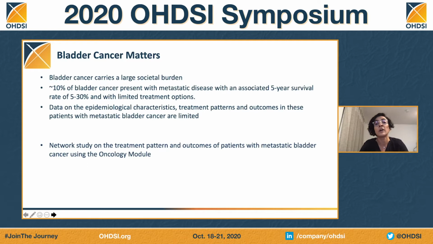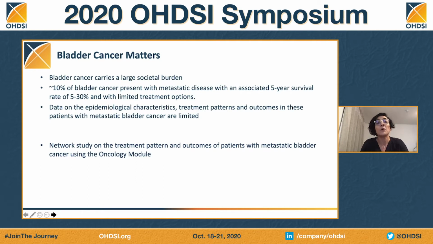At this stage, the prognosis is very suboptimal despite the treatment regimens that are available, which are limited. We are seeing an increase in the introduction of new treatment modalities in recent years, but there are also treatment disparities, and there's clearly a gap in data and knowledge on the epidemiologic characteristics, treatment patterns, and outcomes of this patient population.